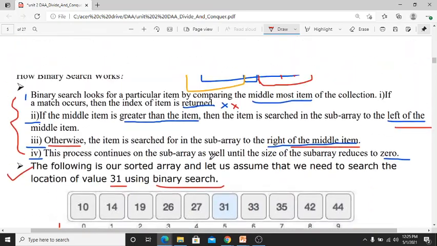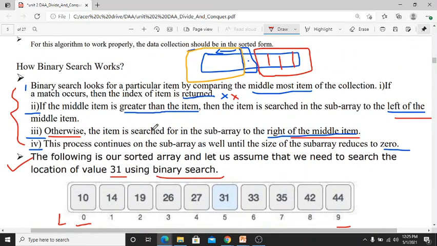Now, which condition is performed? Here, is the middle element greater than the item? Is the middle item greater than the search item? No, so this is not valid.